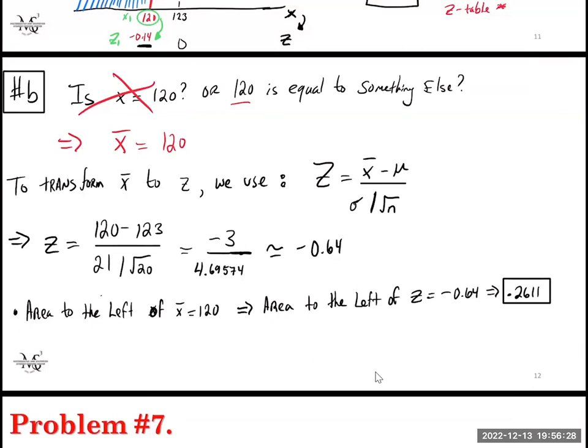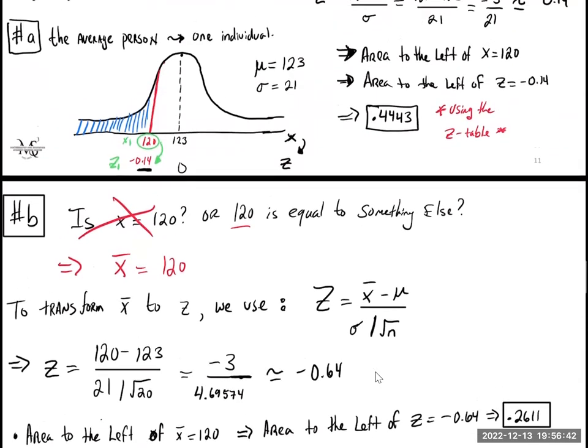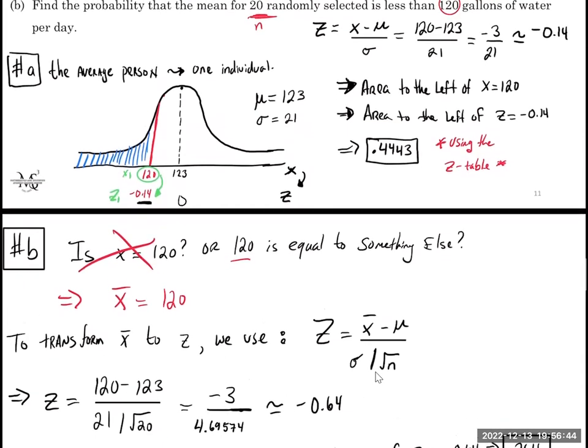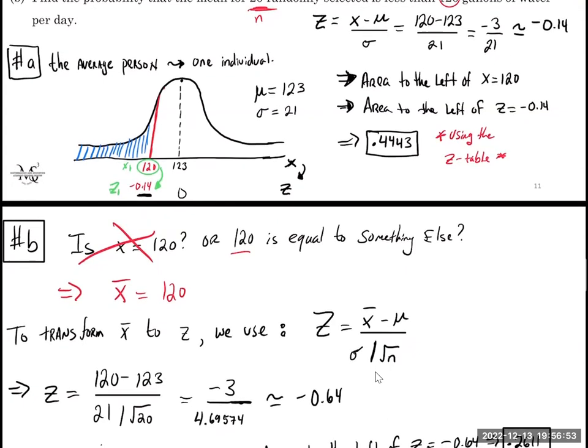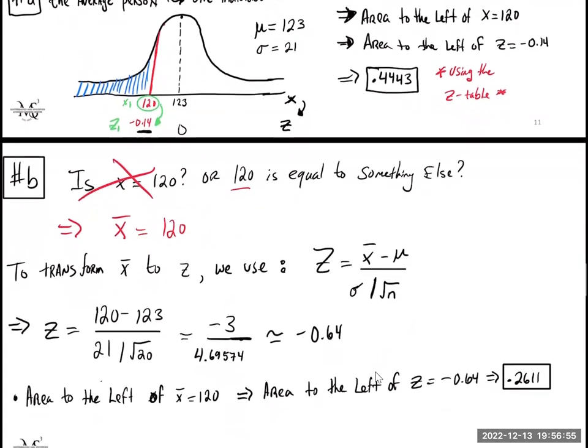Are there any questions? You said a z-score is always rounded to 2 decimal places, right?